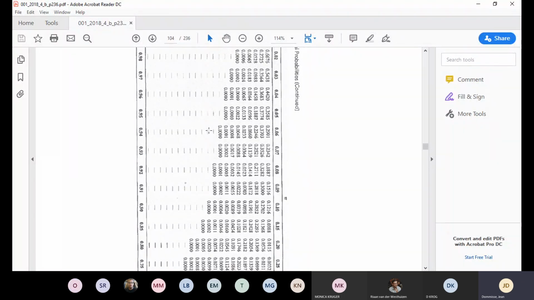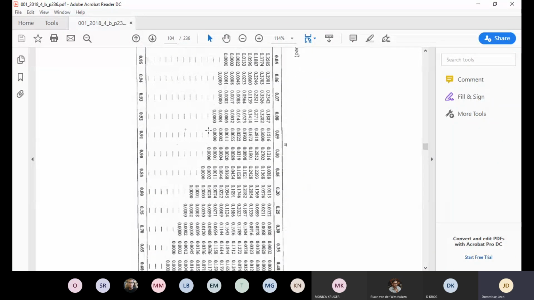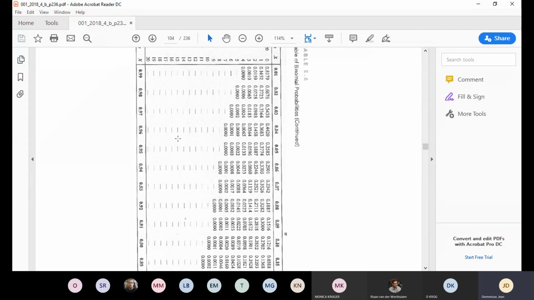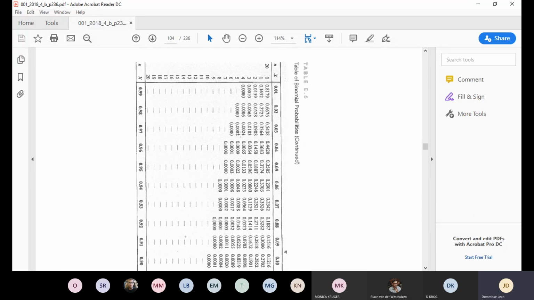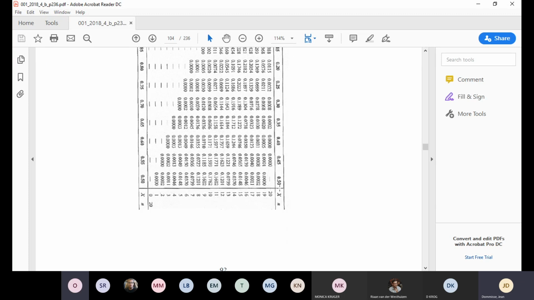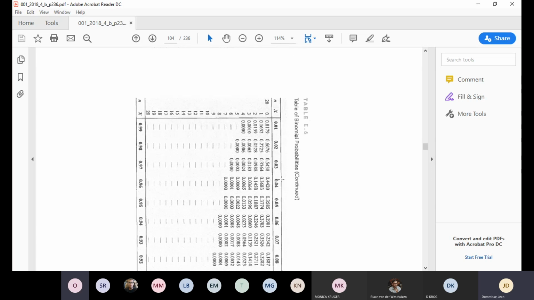Okay, that now is something to look at, but let's quickly see how the binomial table works. At the top you have the probability from 0.01 to 0.5, and you read it from the perspective of n going down from 0 to 20.